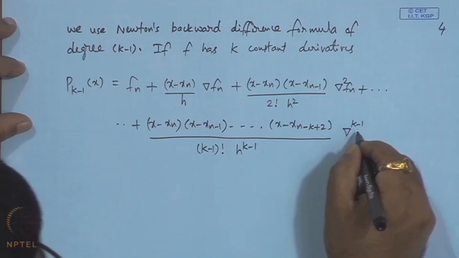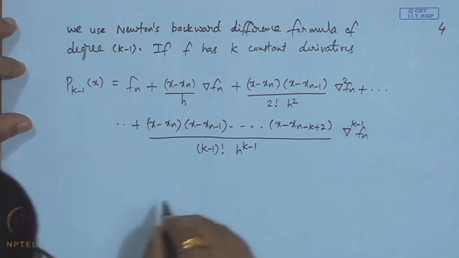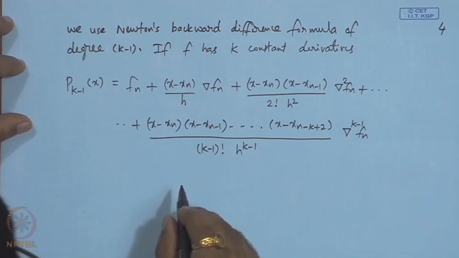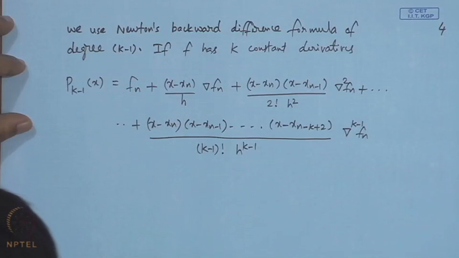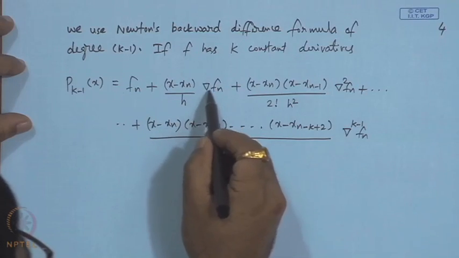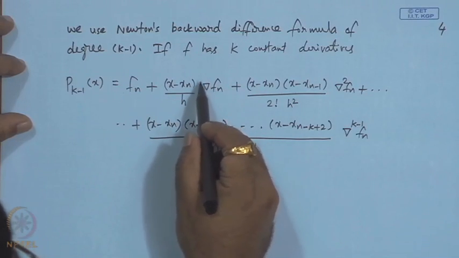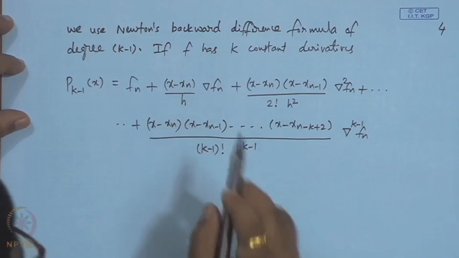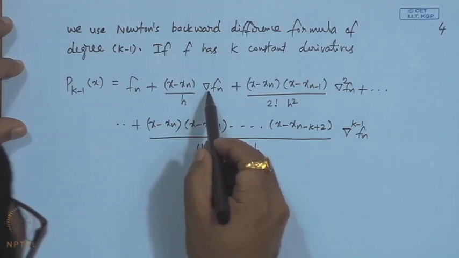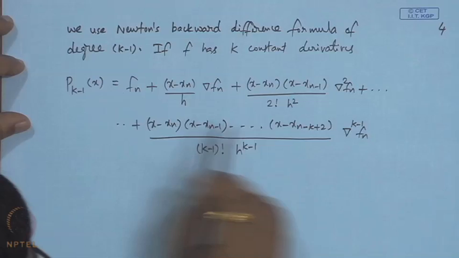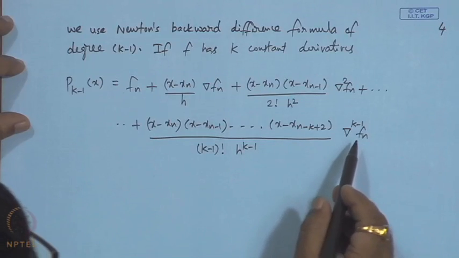Okay. So, this is the backward operator, where this is the backward operator. So, that is, this on f n is the backward operator.